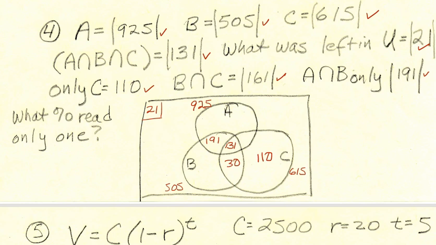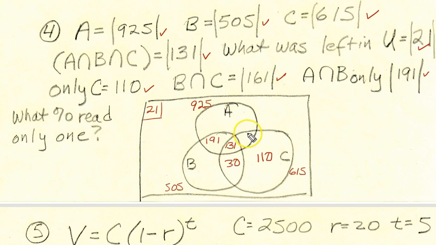We want to figure out who only read one book, what percentage. And these are different books. So where are we? Well, we don't know this part right there, but if we add these three up, subtracted from 615, that's going to give us this.